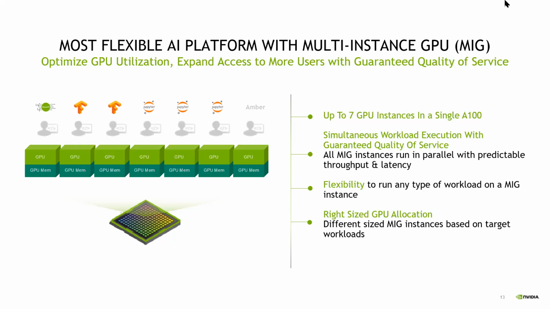If I draw it out for you, I think you'll understand it better. Over here you have your cores, and on top of this you have your memory. Earlier, in the Volta architecture and Pascal architecture, you were slicing this memory.